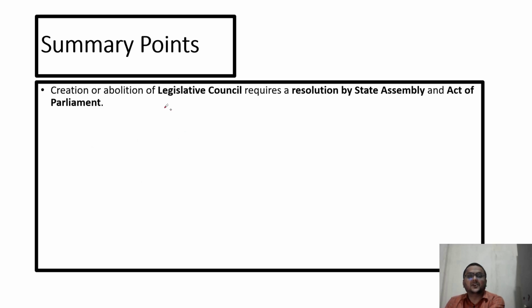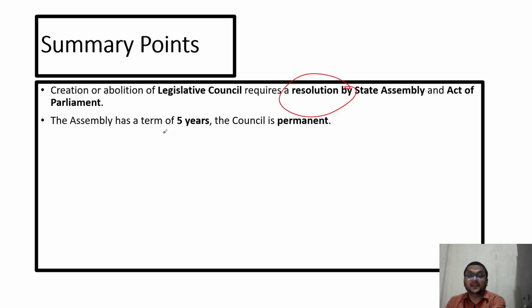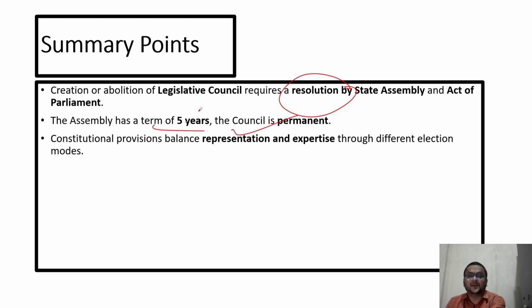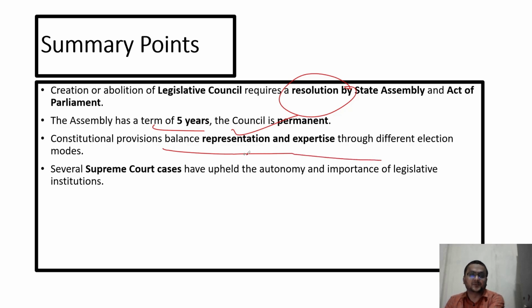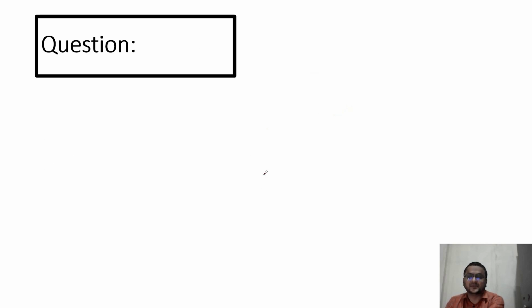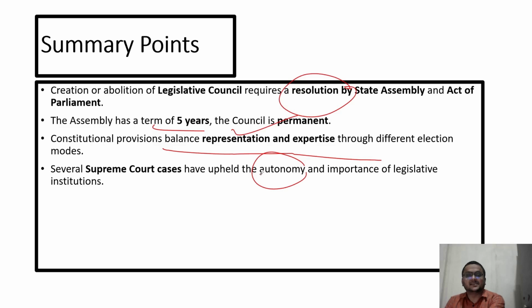Creation or abolition of the Legislative Council requires a resolution by the State Assembly and an Act of Parliament. The Assembly has a term of 5 years, while the Council is a permanent body. Constitutional provisions balance representation and expertise through different election modes. Several Supreme Court cases have upheld the autonomy and importance of legislative institutions. So this is the summary of the topic.